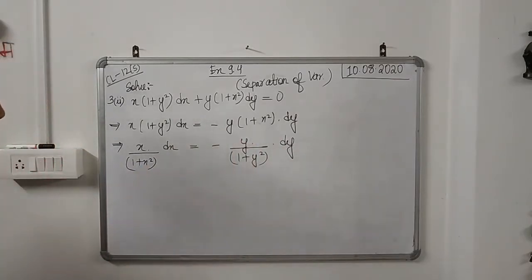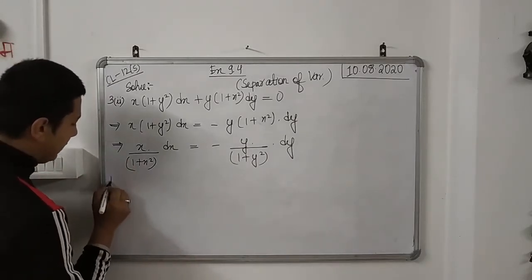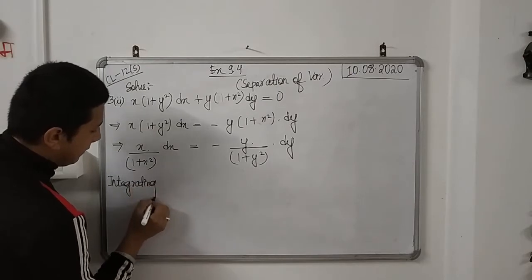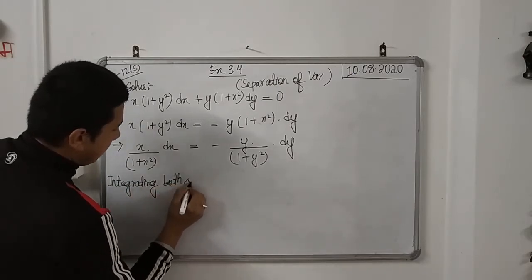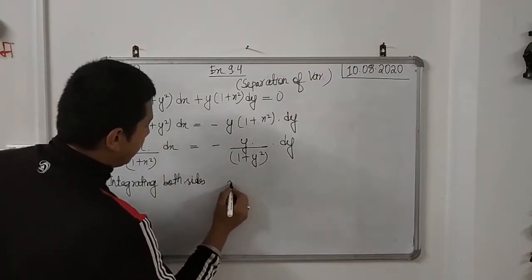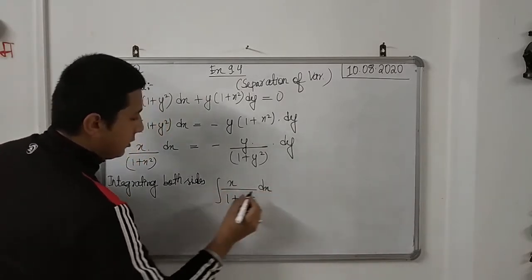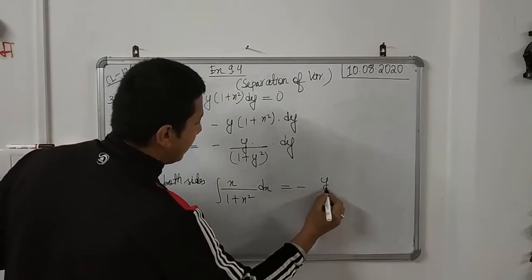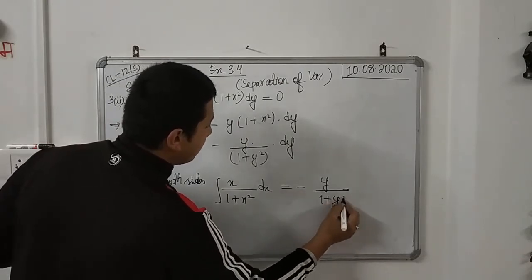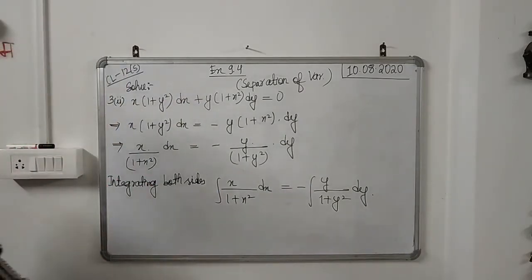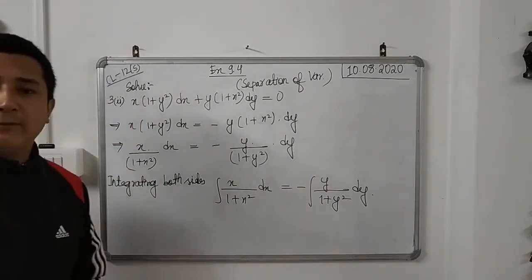So now what can we do? Integrate. Integrating both sides, what we get is the integration of x divided by 1 plus x squared dx, which equals minus the integration of y divided by 1 plus y squared dy. Now we have come across this type of integral before.